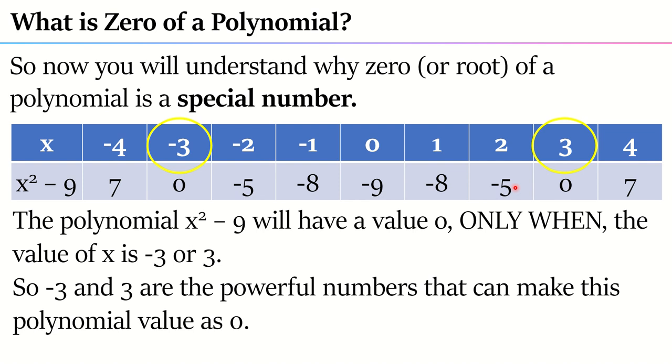So minus 3 and 3 are the only two values for which the polynomial will give you a 0 value. That's why I said zero of a polynomial is a special number. So the zeros of the polynomial in this case are minus 3 and 3. These are the two numbers which can get you a 0 when you substitute in the polynomial equation.